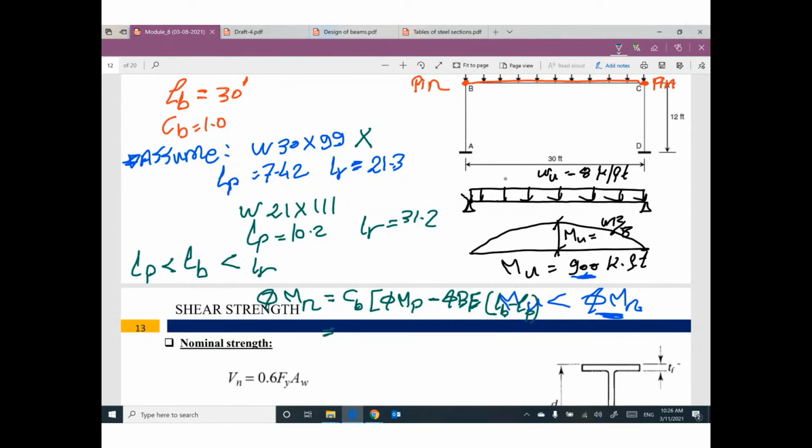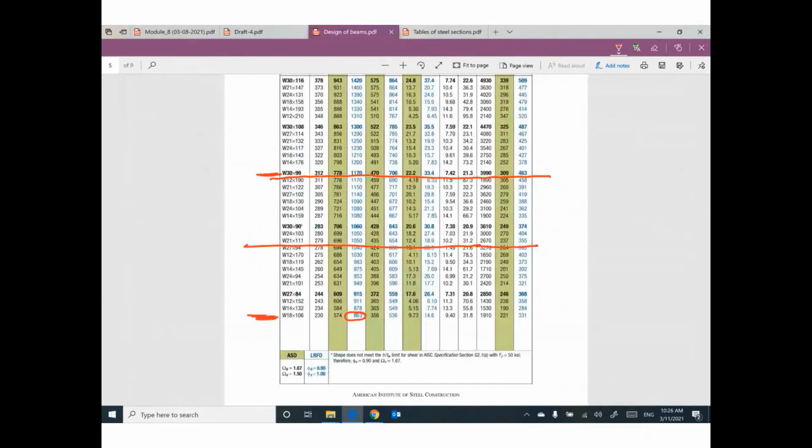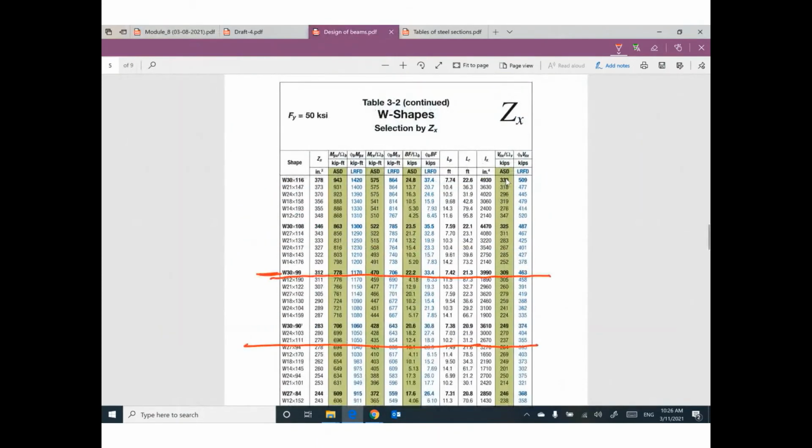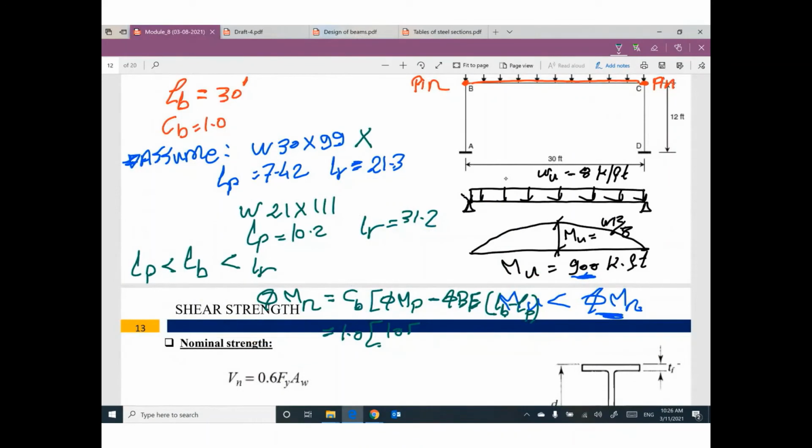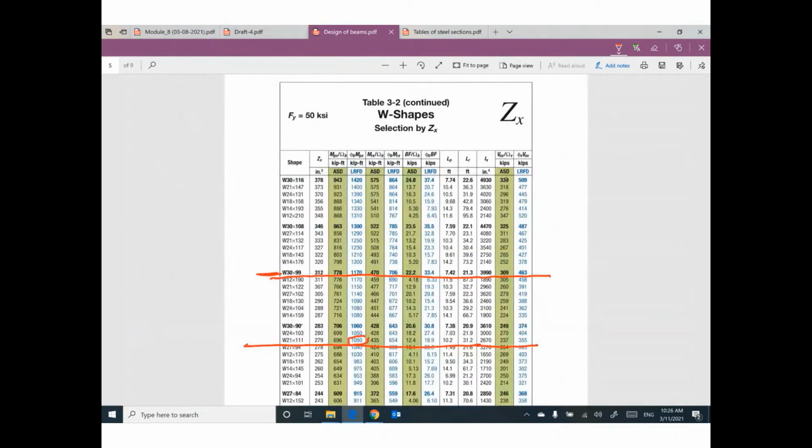Put your numbers, CB equal 1. Phi M plastic for this cross section is 1050. Phi BF for this cross section equal, I'm sorry, 18.9. This is the cross section.